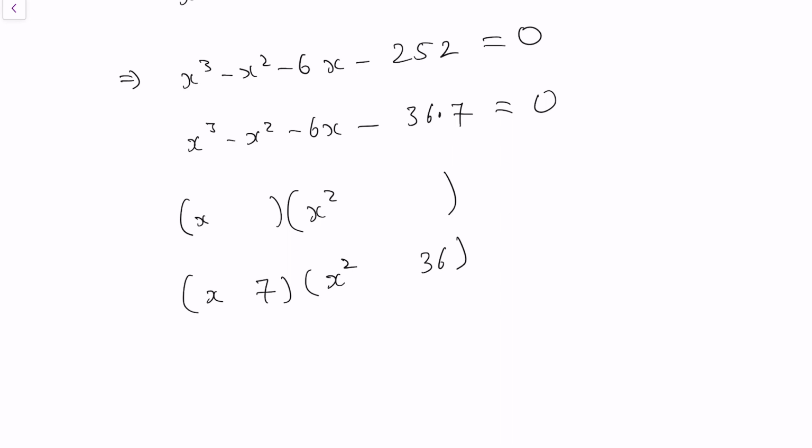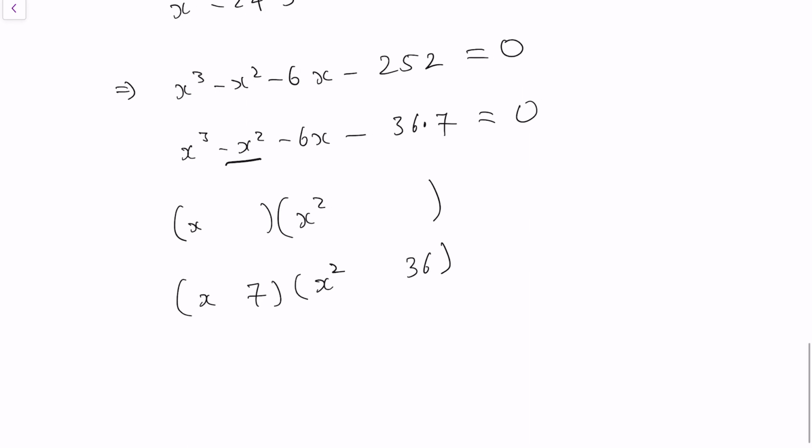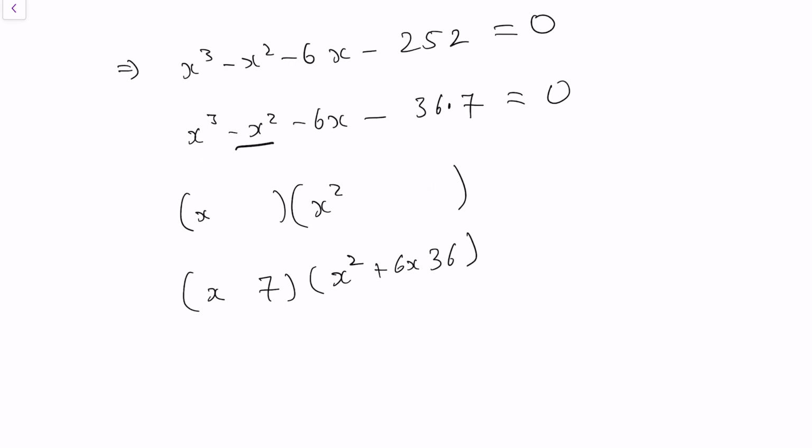And we also need to consider that we want minus x squared. So we already have 7x squared here. To get minus x squared, we need 6x squared. So if we put plus 6x here, that would give us 6x squared, right? So we want minus 7x squared plus 6x squared. So minus there, plus there. Right? That will factorize the cubic.